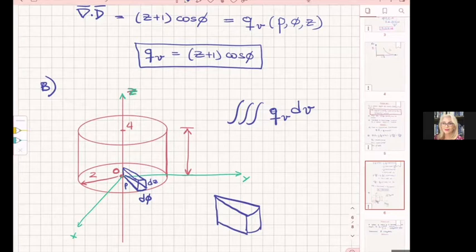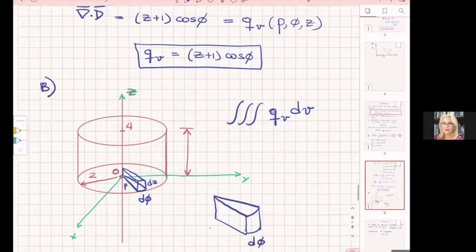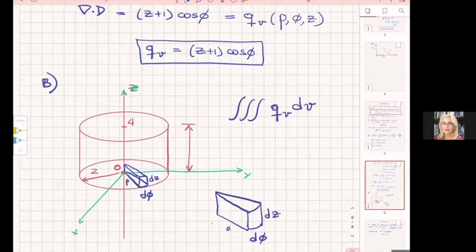Because I don't have to integrate along rho because there is no rho variation. In fact, let me draw it a little bit like this. This is d phi, this is dz, and this is rho.